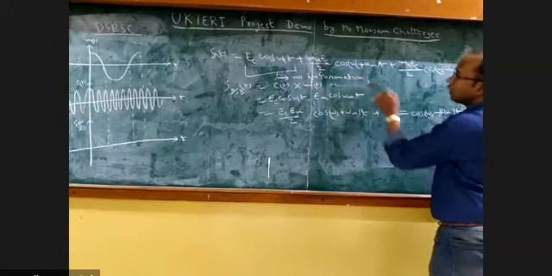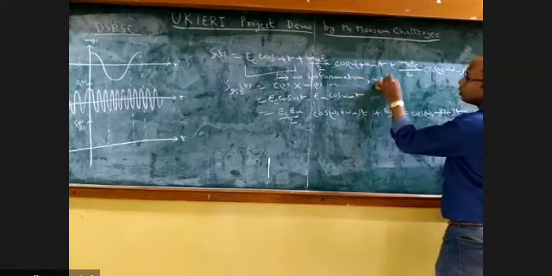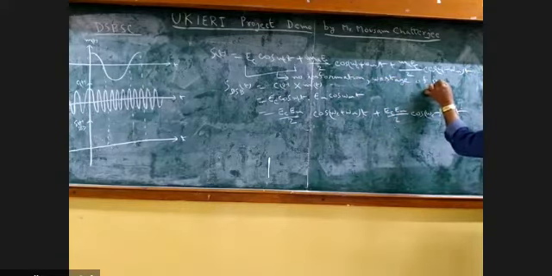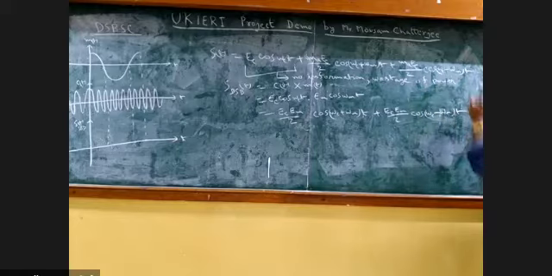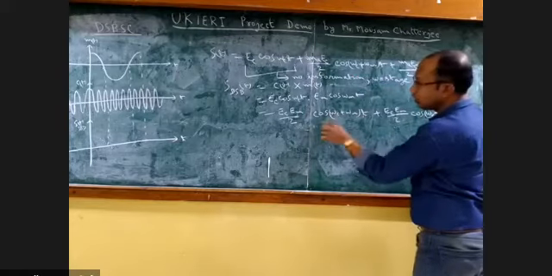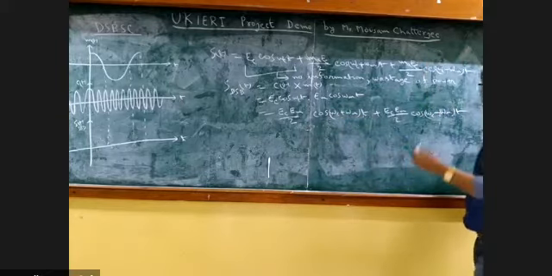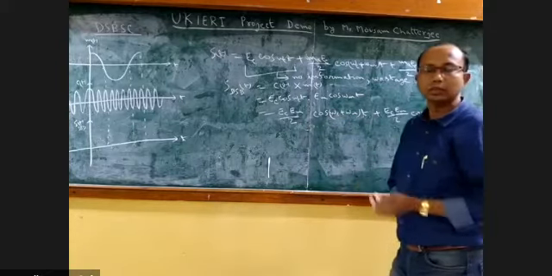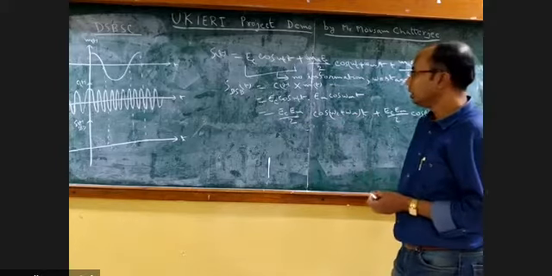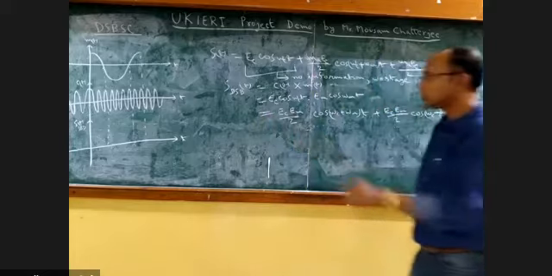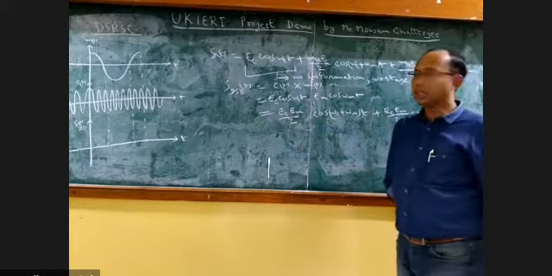So if we get the information easily with less power, that will obviously be an advantage for the system. And also it needs lower cost than that of the AM signal.